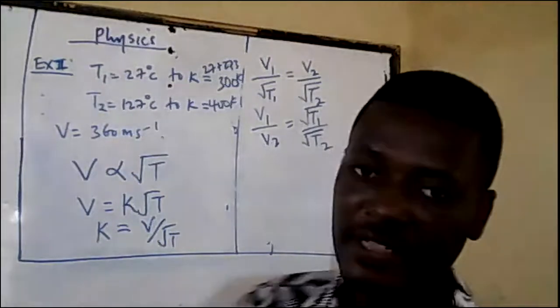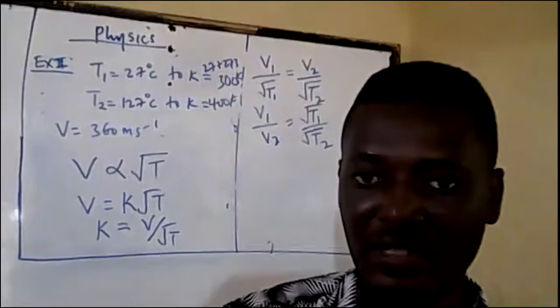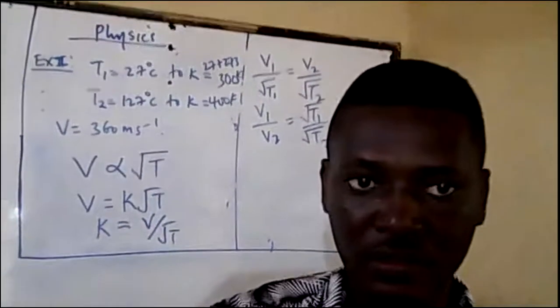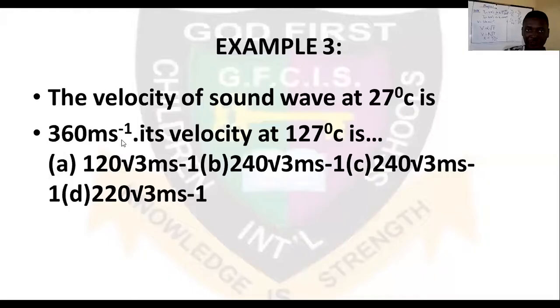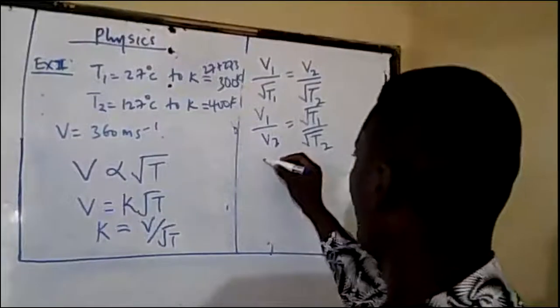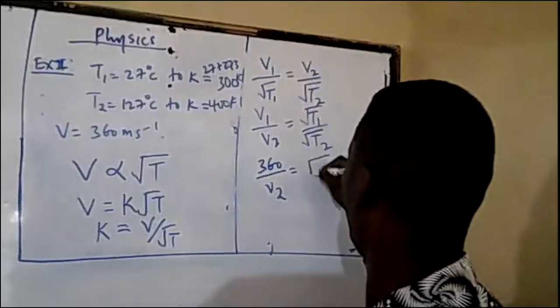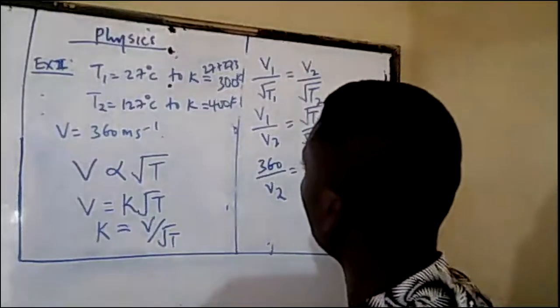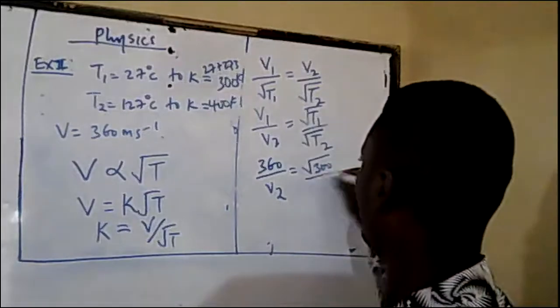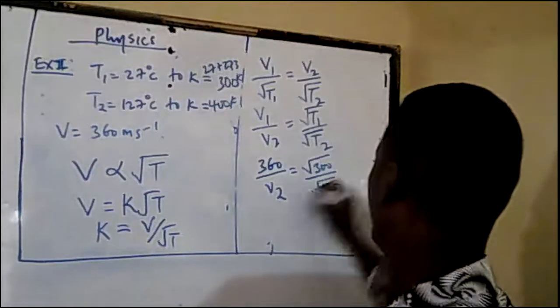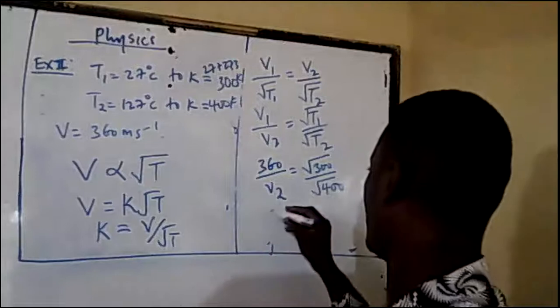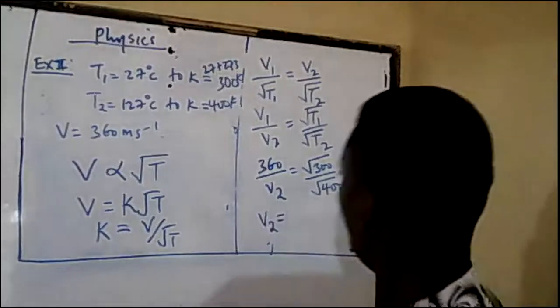Let's go back to the slide and see what was given to us. Okay, V1 was given to us as 360. So V1 is 360. We are looking for V2, which is equal to 360 times the square root of 300 over the square root of 400. So this means V2 is equal to what?